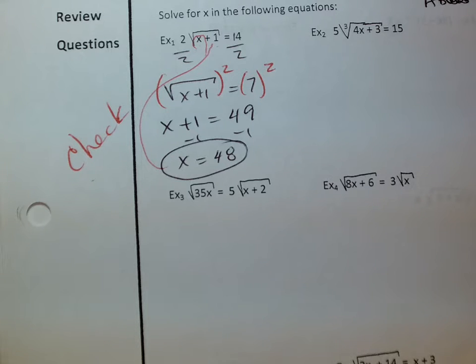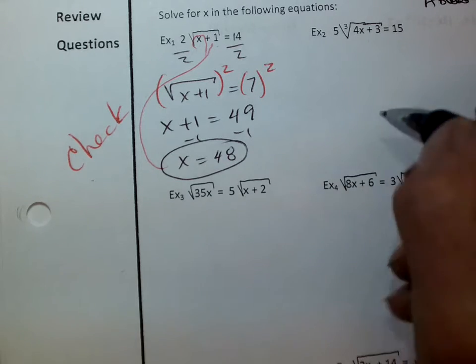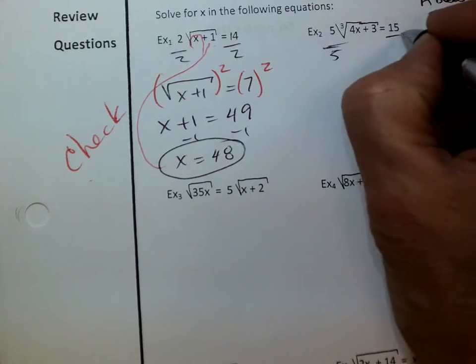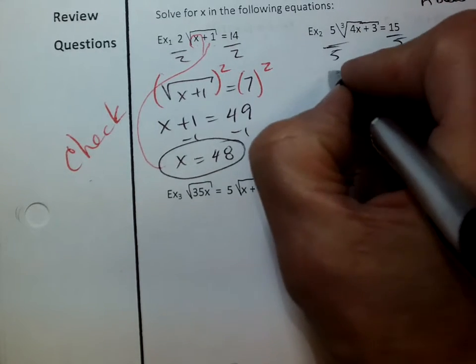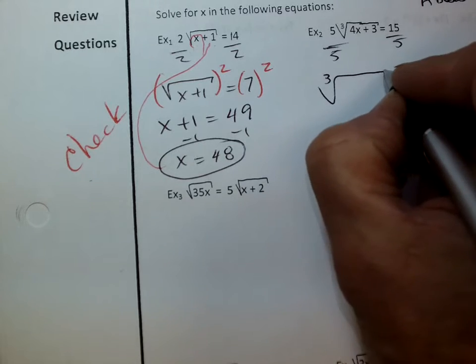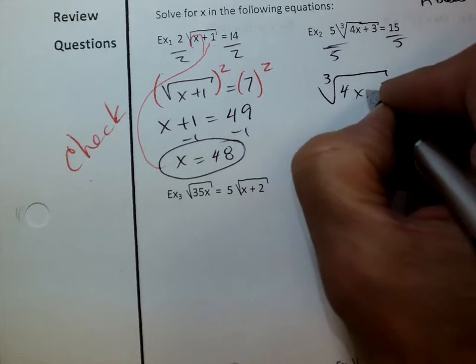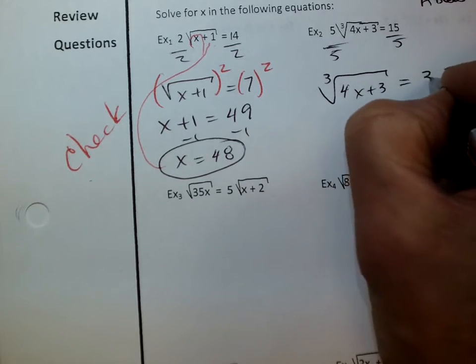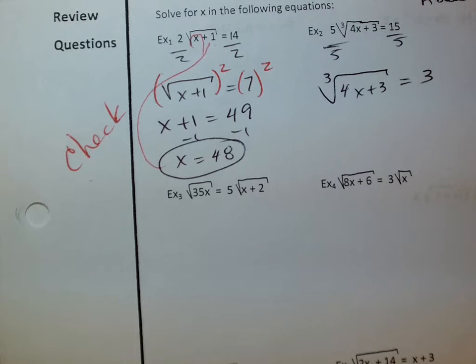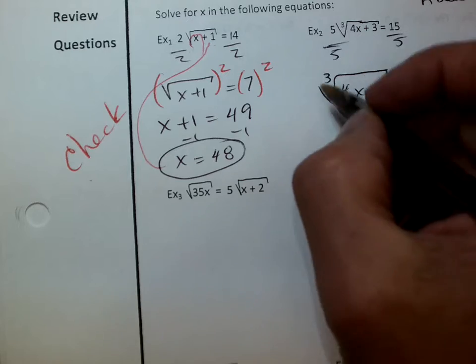So let's solve it like we always do. Divide by 5, right? We'll have the cube root of 4x plus 3 equals 3. It's just solving, so we continue to undo it.